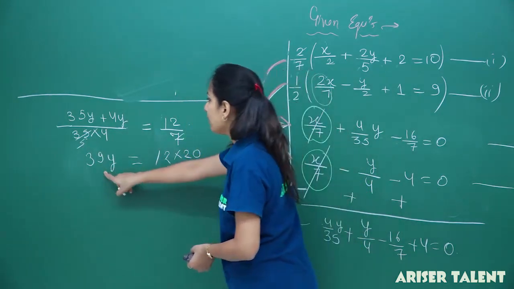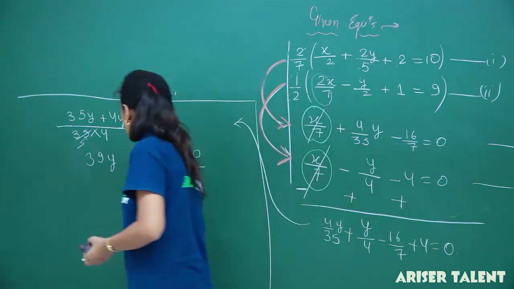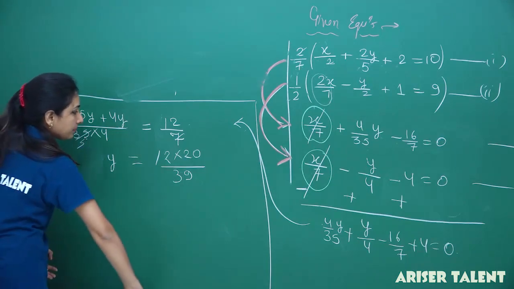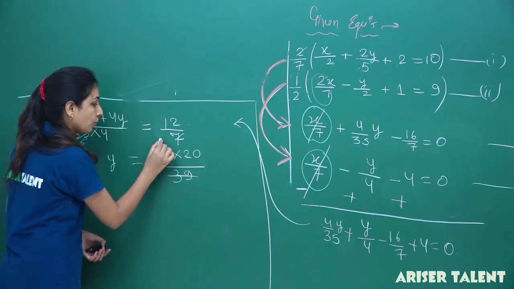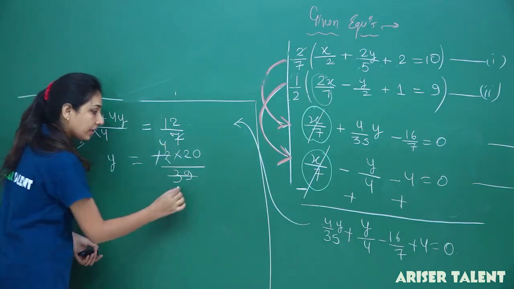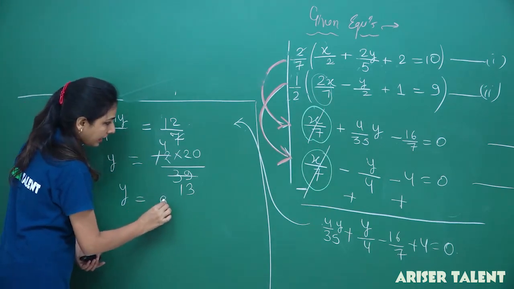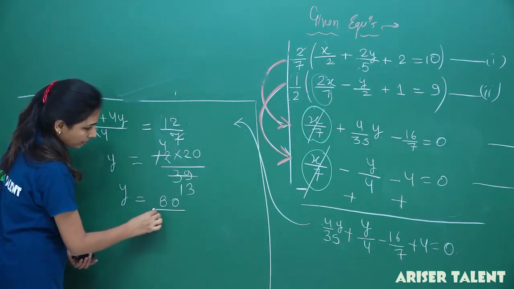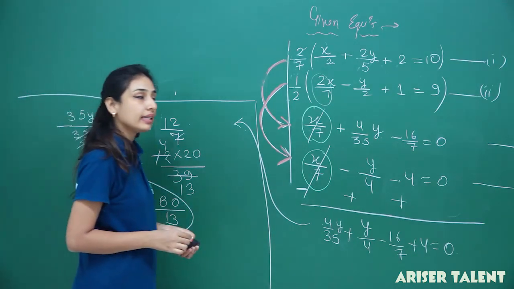Okay, so y will be equals to 80 by 39, like this. Now can I cut it by 3? 4 3 is 12, 1 and 3. So y will be equals to 80 by 13. So y equals to 80 by 13, right?